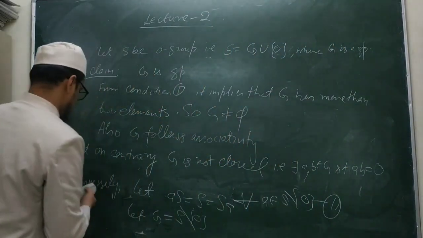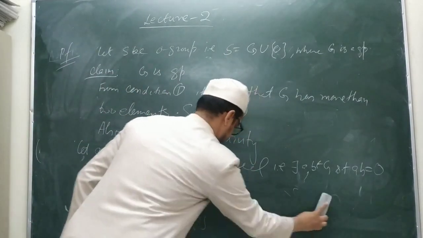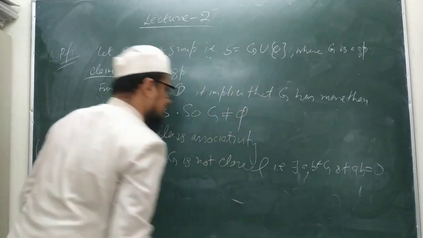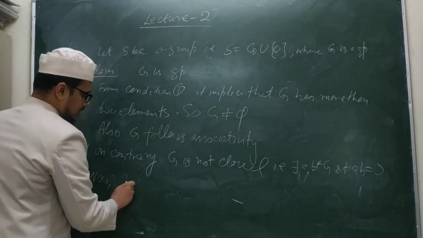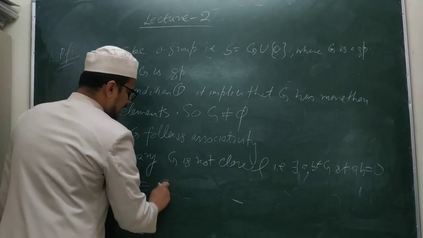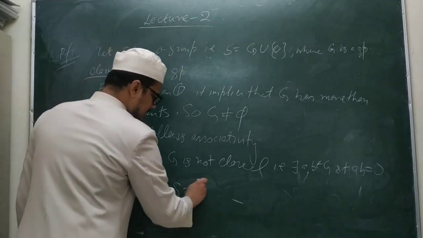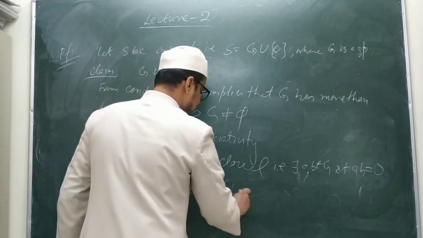Now, S square is equal to S. It can be written as S into S, correct? It could be written as SA. It could be written as BS.